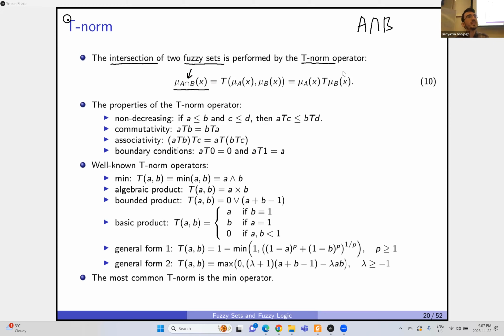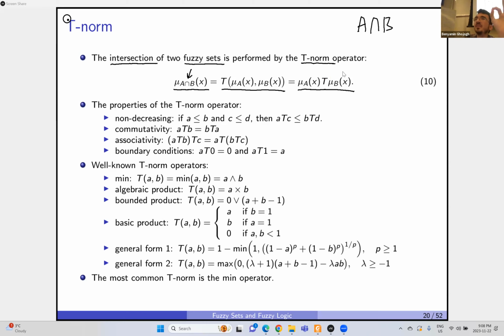A and B, two fuzzy sets. The membership function of the intersection of A and B is denoted by T of mu A and mu B, the T-norm. It is also denoted by mu A T mu B. It's notation, so you can put T in the middle.